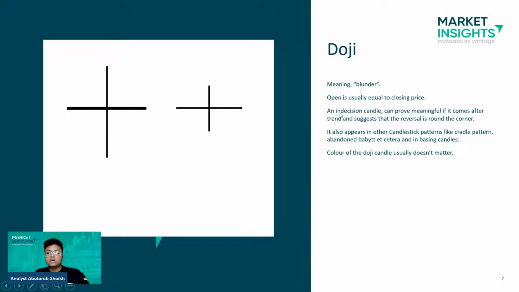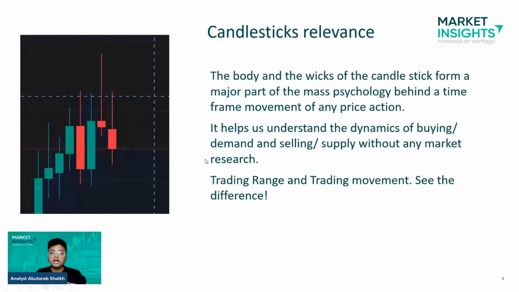So next, this is an indecision candle. What does that mean, sir? Indecision candle means the market cannot decide whether to go up or down, isn't it? That is why this point of mass psychology took place. Munehisa Homma was so smart, so intelligent, that he understood mass psychology just by looking at the candlestick.